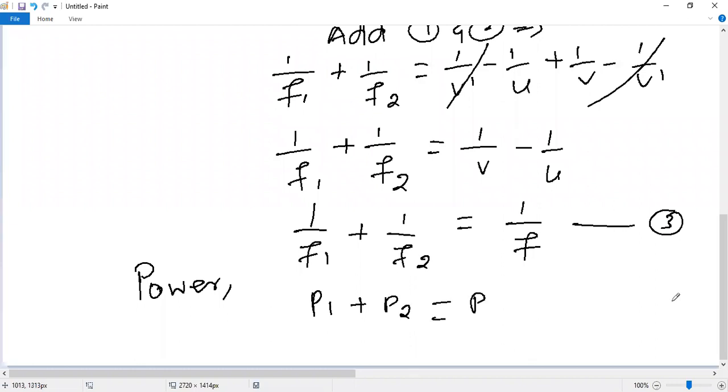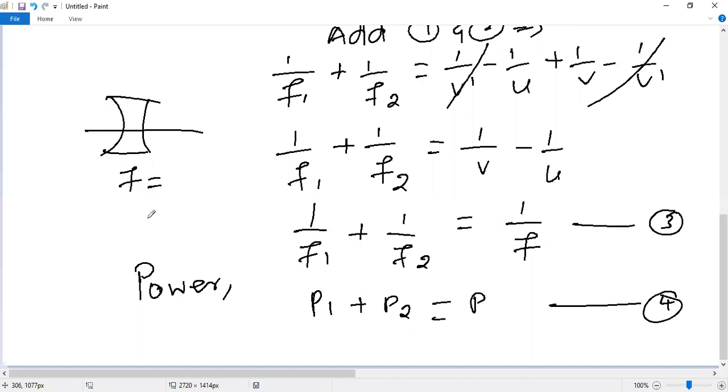Equation number 4. Now in this, the 1 by f1 and 1 by f2 values will differ based on concave and convex. Concave means f value is minus. Convex means f value is plus. Did you understand? Is it clear for you?